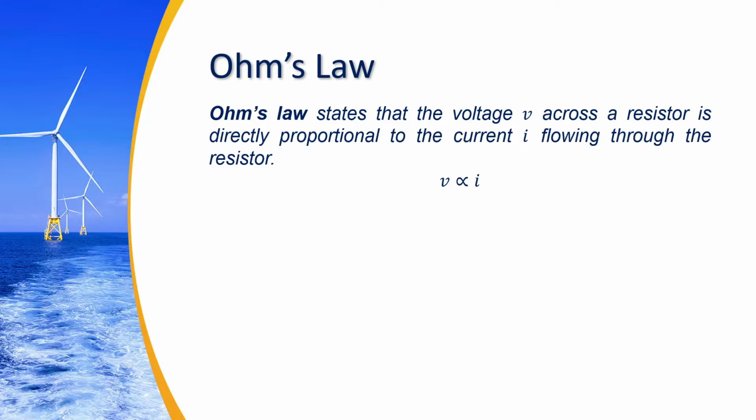So meaning, kapag nagtaas tayo ng value ng current, tataas din yung measured voltage natin. As well as kapag nagbaba tayo ng amount ng current, bababa rin yung voltage natin. So mathematically, voltage is equal to current multiplied by resistance. So wherein dito sa formulang to, yung resistance is siya yung constant.